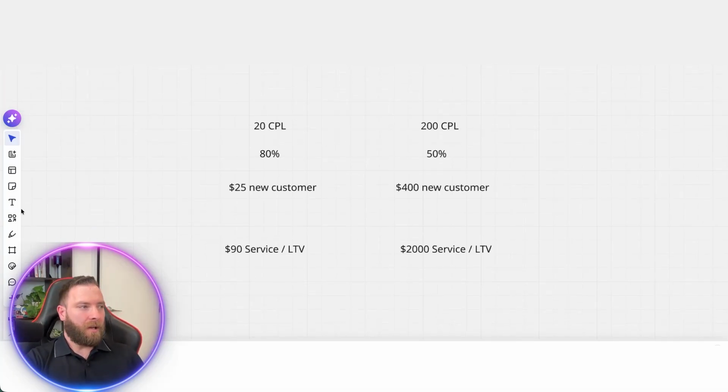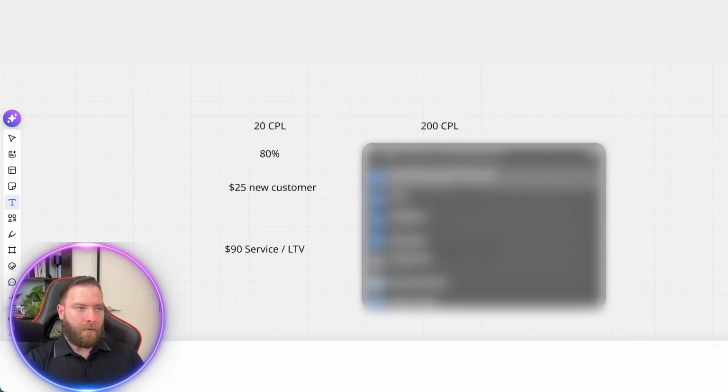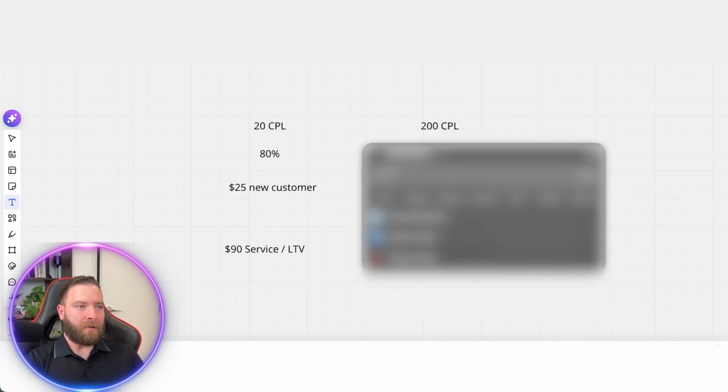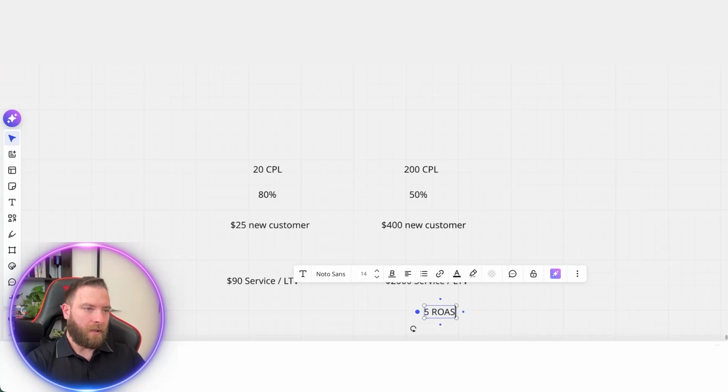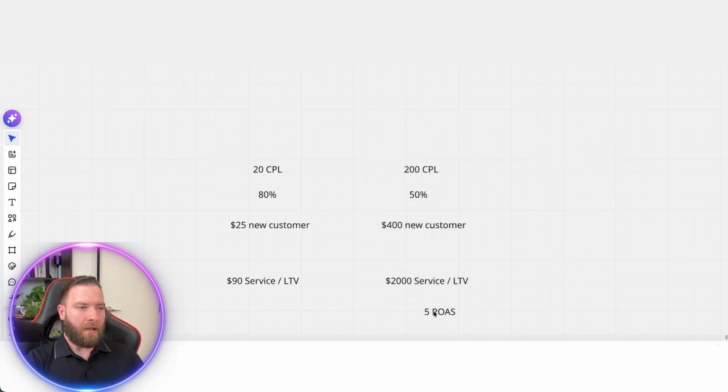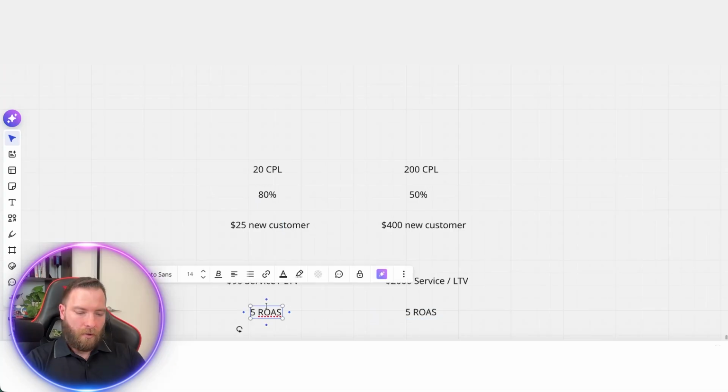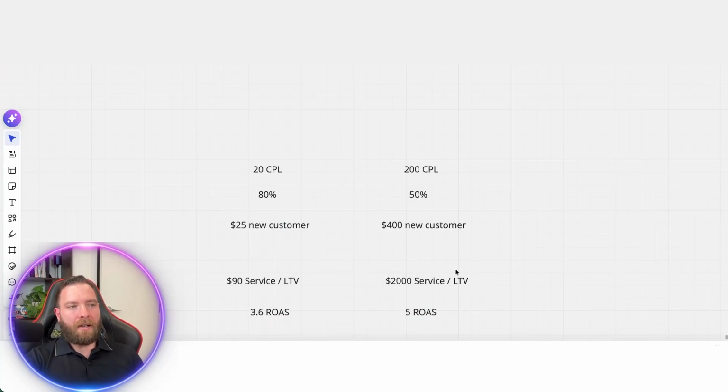Because if we have a look down here and say, well, for every $2,000 in revenue, I spent $400 to get it, it's giving you a 5 ROAS. Whereas for every $90 in revenue, I'm spending $25 to get the customer, you're getting a 3.6 ROAS over here. So on paper, at this level, the cost per lead is 25 versus the cost per lead is 400.